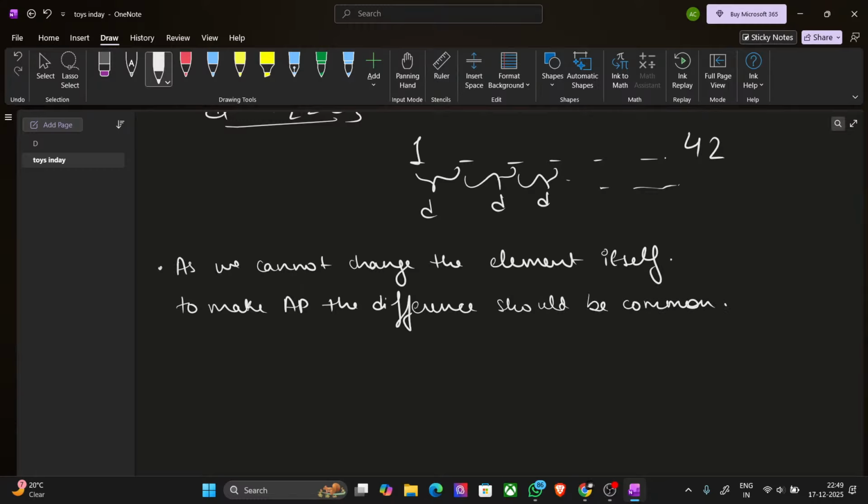How? So to make the difference common, what can we do? We can take the GCD of all the differences, right? Why? Why GCD?